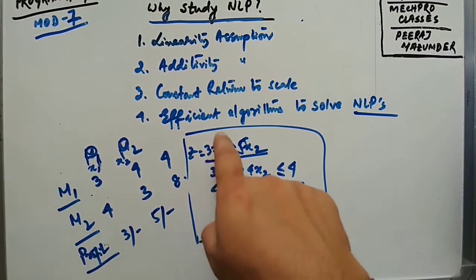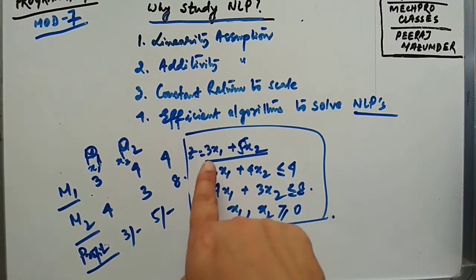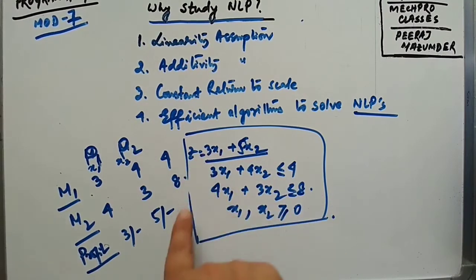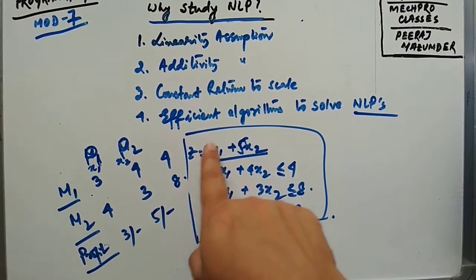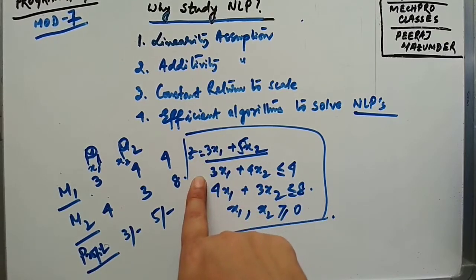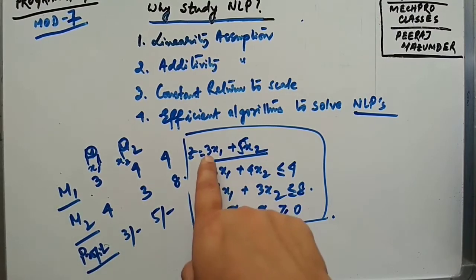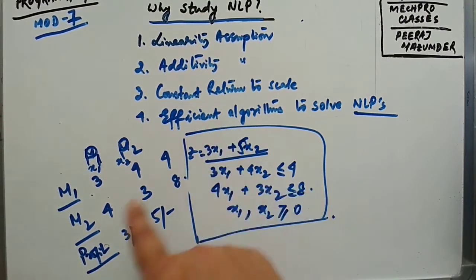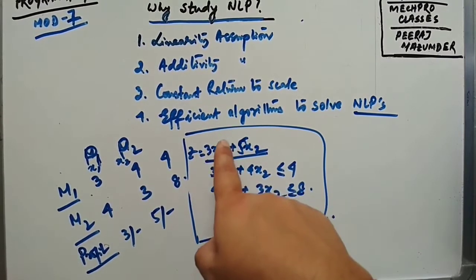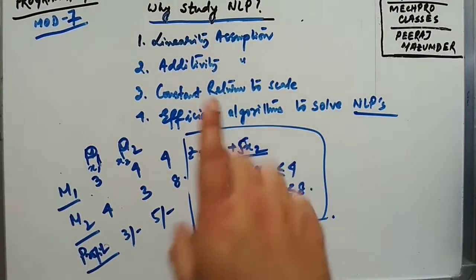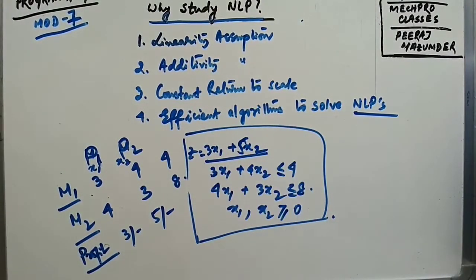But this 3 into x1 sometimes becomes invalid in real world problems. If we manufacture one product, we have 3 rupees of profit, but manufacturing 300 or 3000 products, we may have more than 3 into x1 amount of profit. You are getting what I am saying?